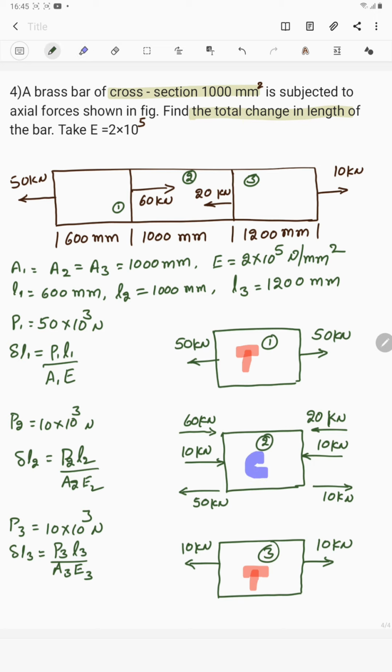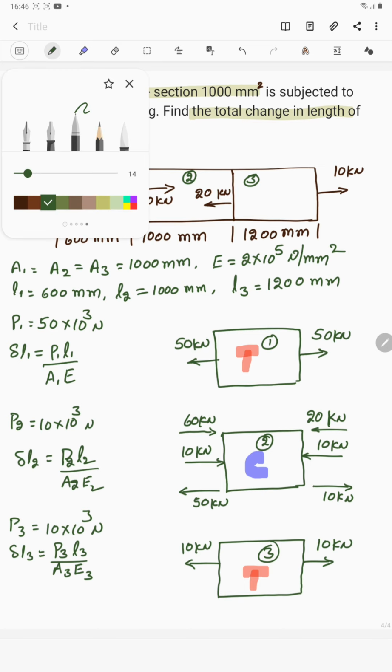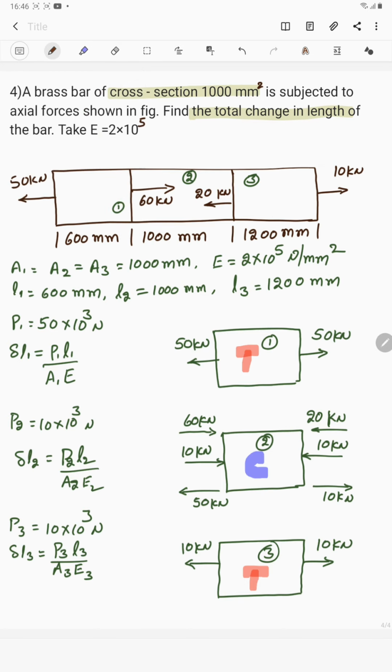Therefore, the change in length with respect to section 2 is contraction, negative. With respect to section 1 and section 3 it is positive, because tensile loads are acting.